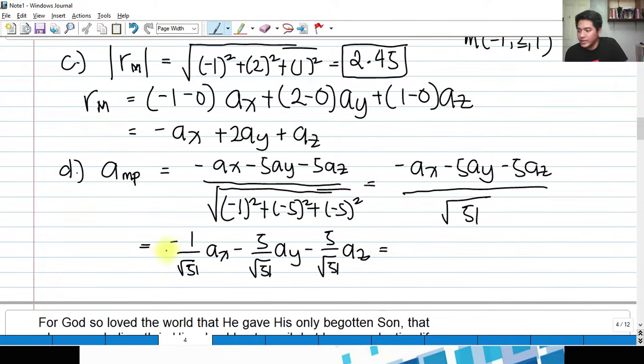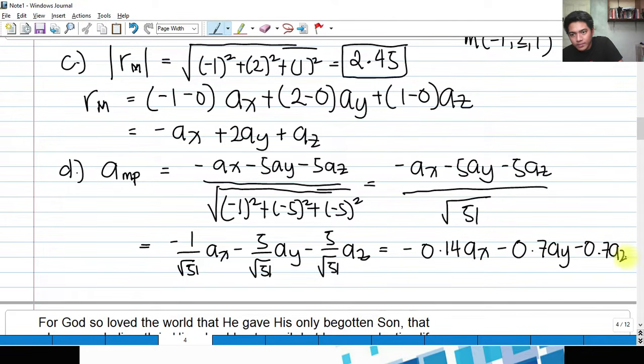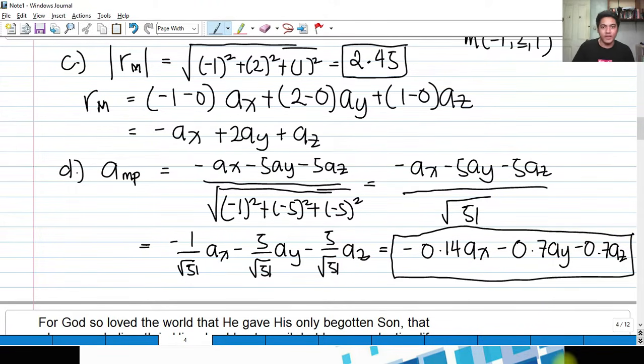If you simplify this, your calculator gives negative 0.14 a_x, negative 0.7 a_y, negative 0.7 a_z. And this is the desired unit vector of MP. I hope you can follow what I'm trying to say here.